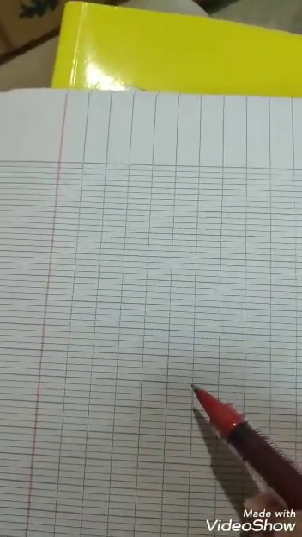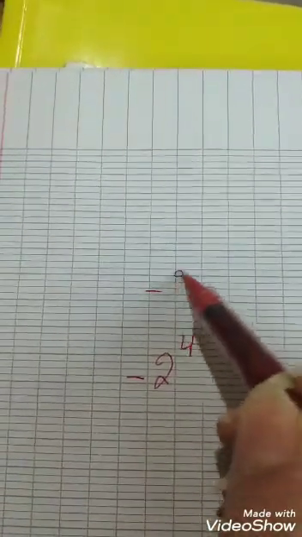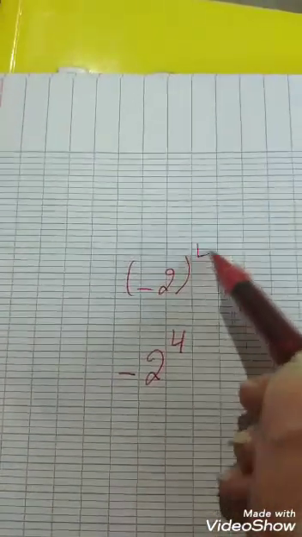I will take an example and you should tell me if the answer is positive or negative. So I will take minus 2 to the exponent 4, and I will take minus 2 all in parentheses to the exponent 4.